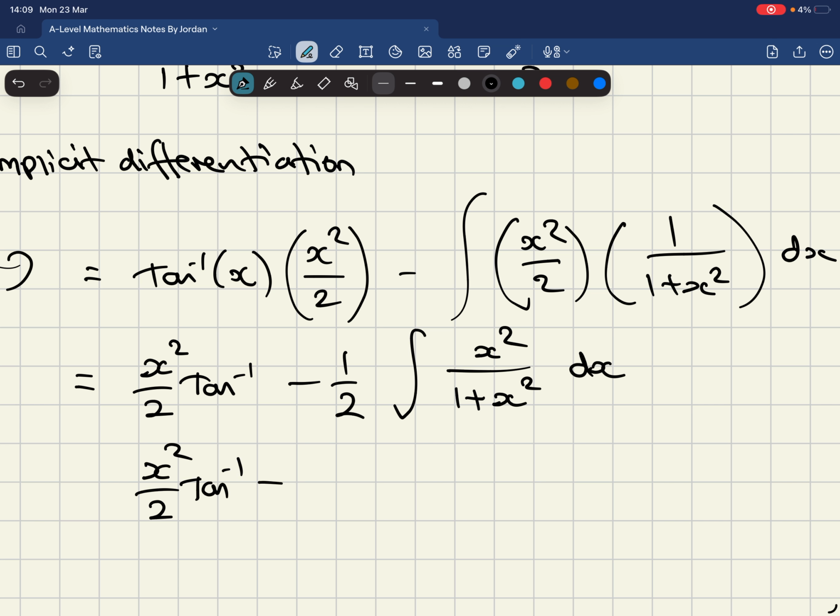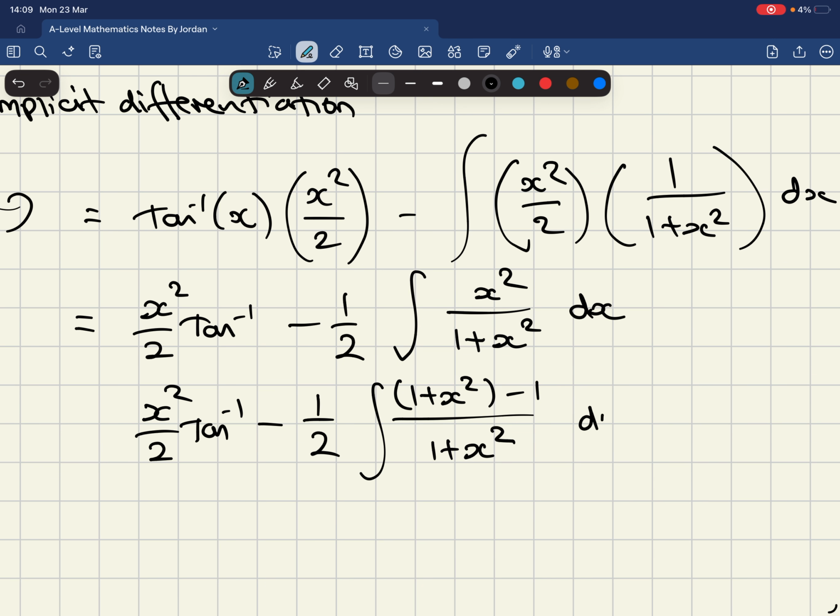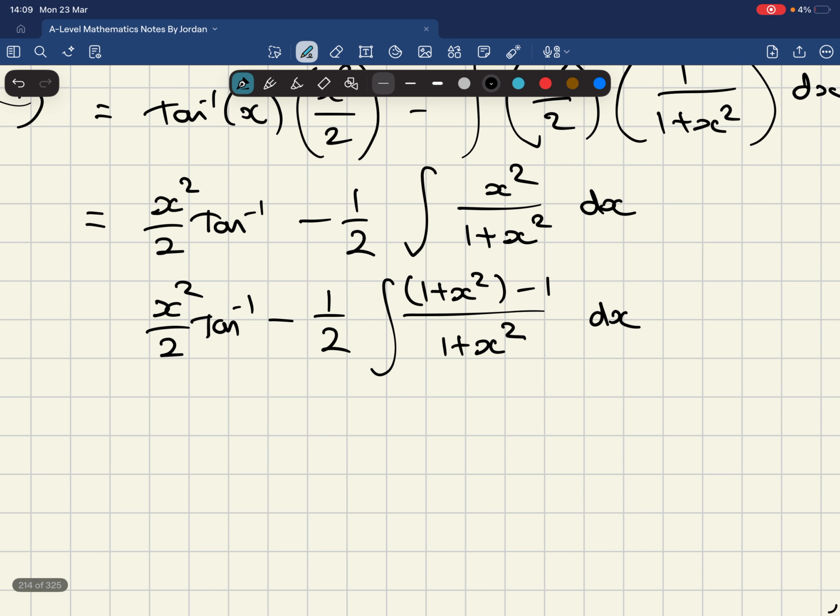So I'll write that the same, but then this integral, we're just going to move it around a little bit. The denominator has to stay like that, but I could change the numerator to being this. If I wrote 1 plus x squared there, when I only started with x squared, then just take away 1 at the end. And that will allow me to split this up into two fractions now.